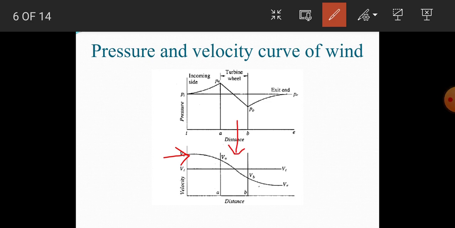After hitting the turbine wheel, it reduces, and then it will increase.